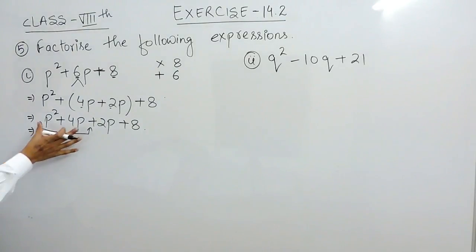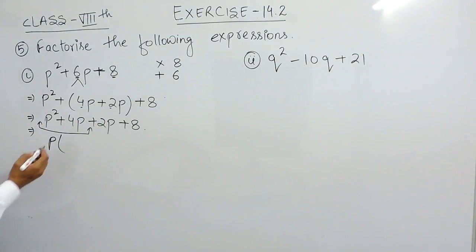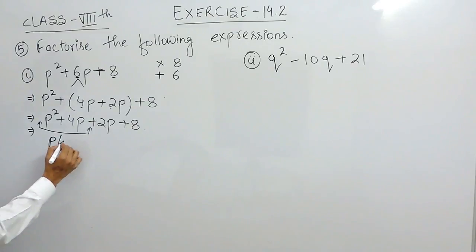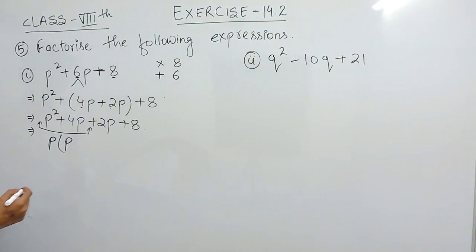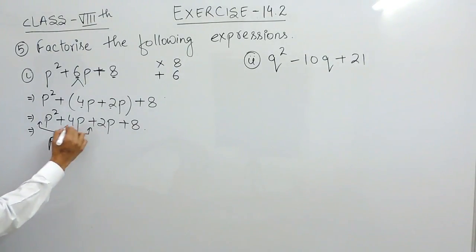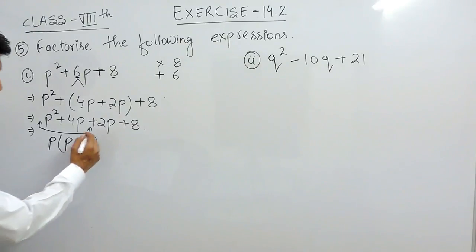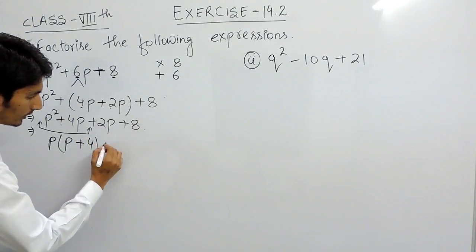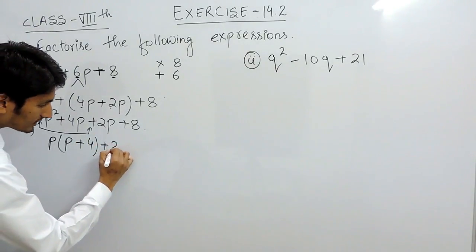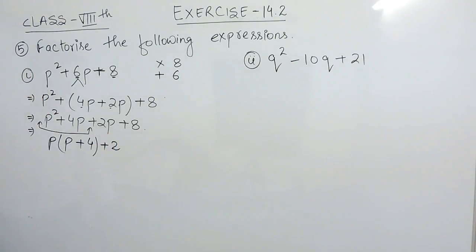If we take p common from the first 2 terms, from p square, if p is taken out, only p will remain inside the bracket, plus from 4p, if p is taken out, only 4 will remain inside the bracket. And from these two, plus 2 can be taken out. Plus 2 is a factor.